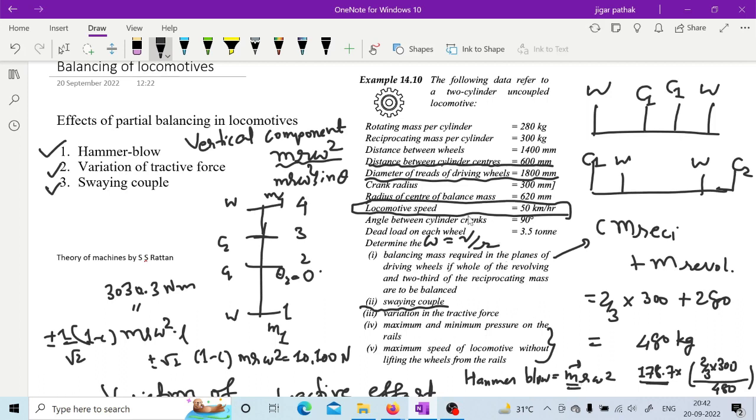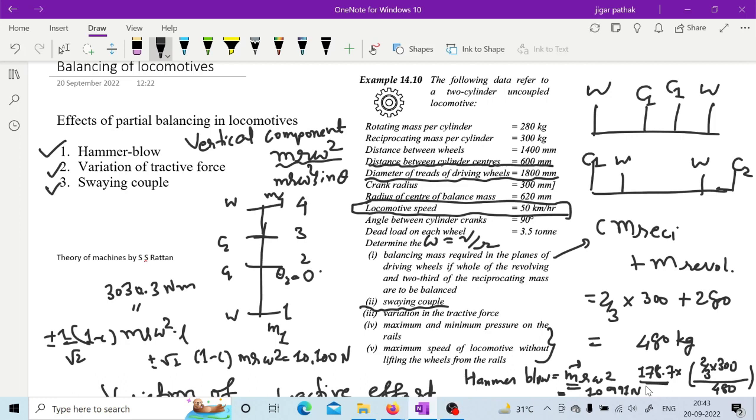Radius of center of balance mass is given as 620 mm, so for hammer blow we consider radius 0.62 meter, and mass is this mass, and omega you have already calculated. If you put all these values, your hammer blow will come around 10,991 Newton.